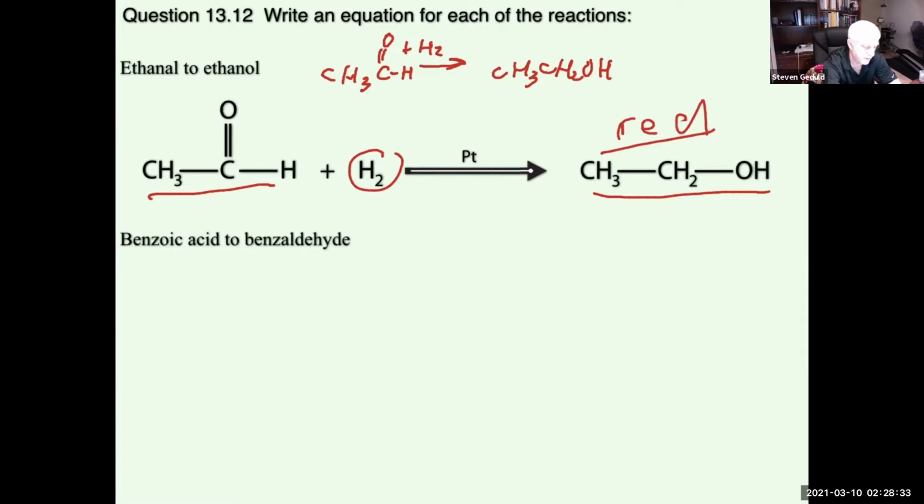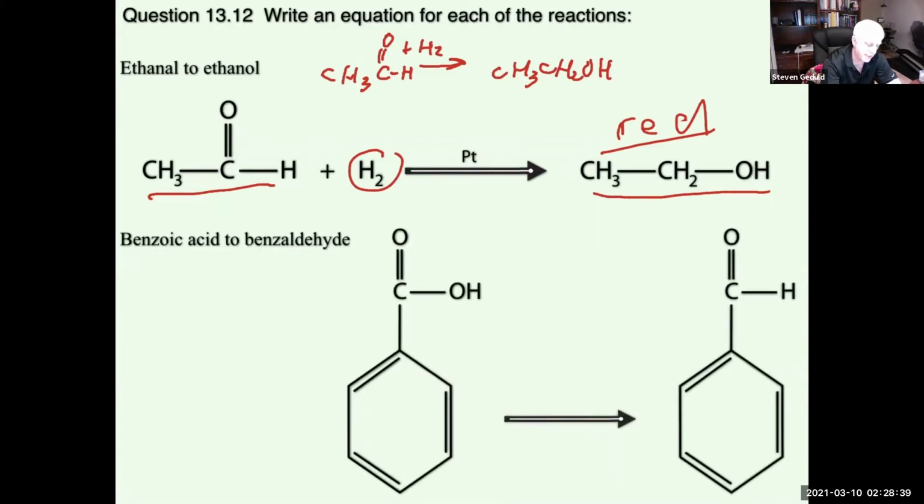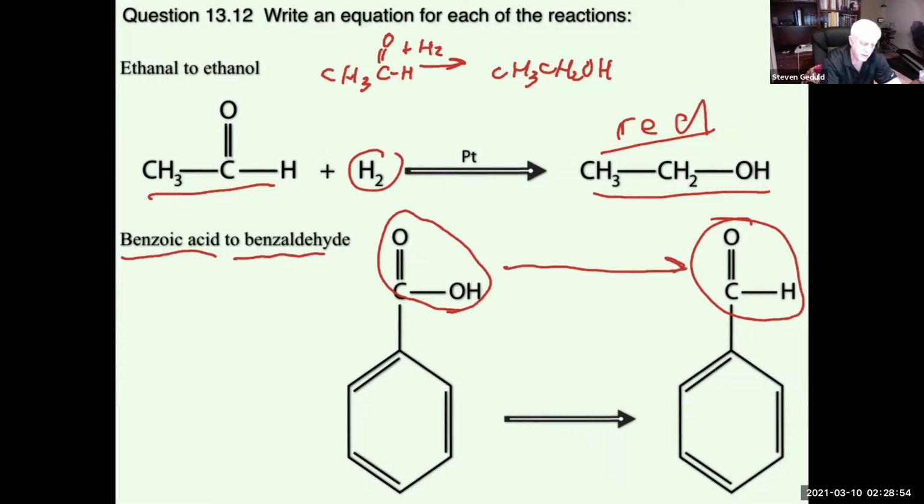Benzoic acid to benzaldehyde. So here's benzoic acid. This is a carboxylic acid group here. We'll get into that next chapter. And this is your aldehyde, and this is your benzene ring. So benzaldehyde, benzoic acid. What have we done to it? Have we increased or decreased the amount of oxygen?